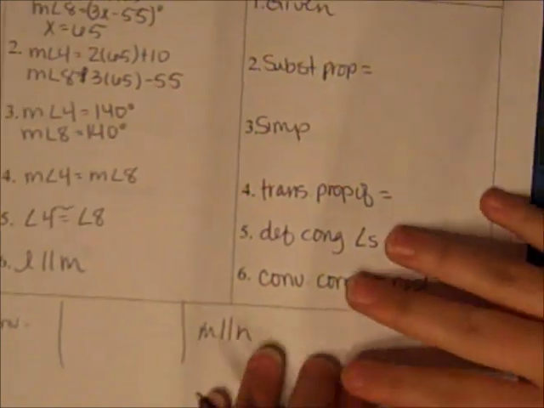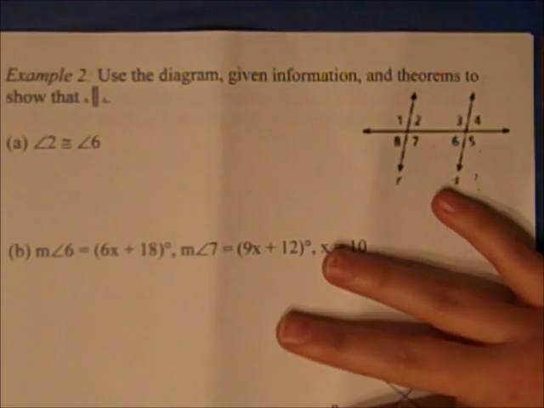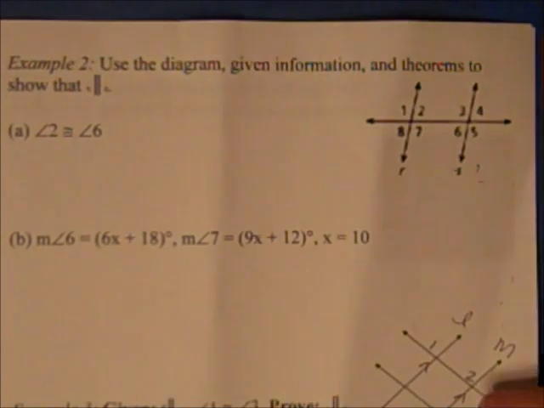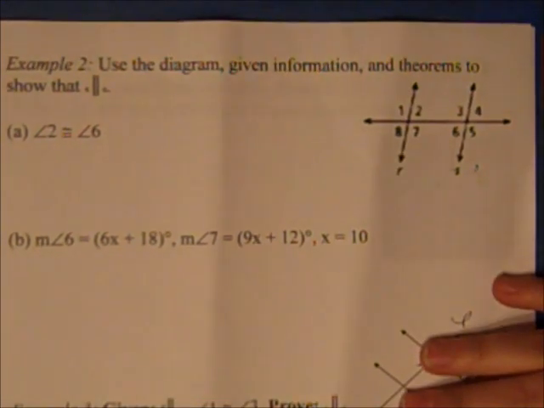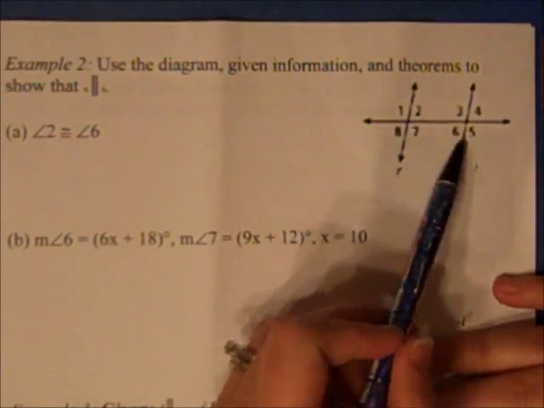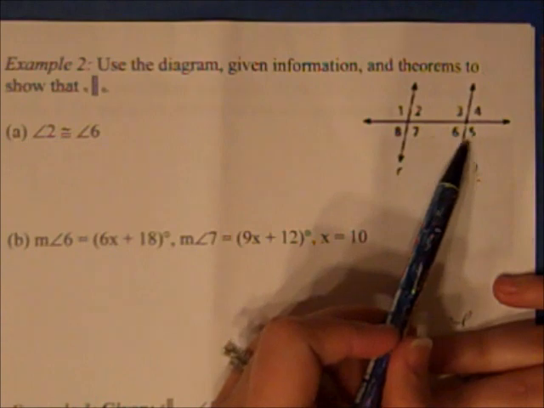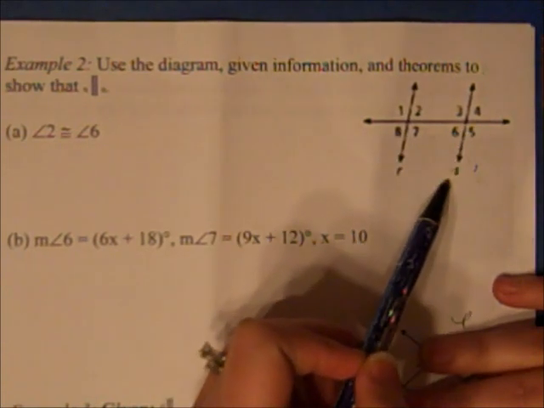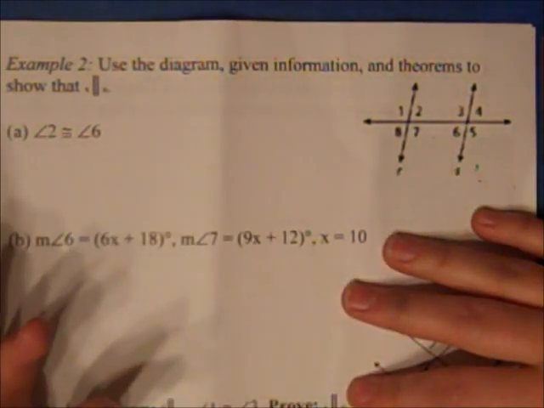Okay, very good. Let's flip over to the next. This one is the same kind of process, only I don't have to do a whole proof. I can just explain it with the one justification. So 2 is congruent to 6. If angle 2 is congruent to angle 6, that must mean R is parallel to S. Which property is that?